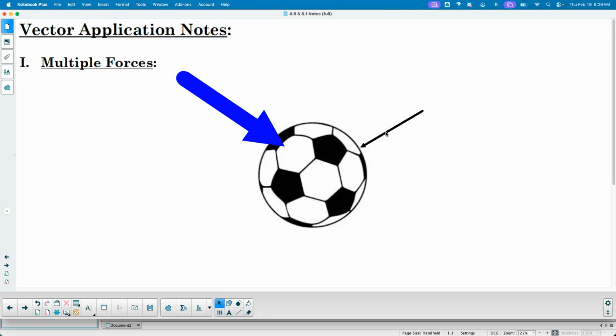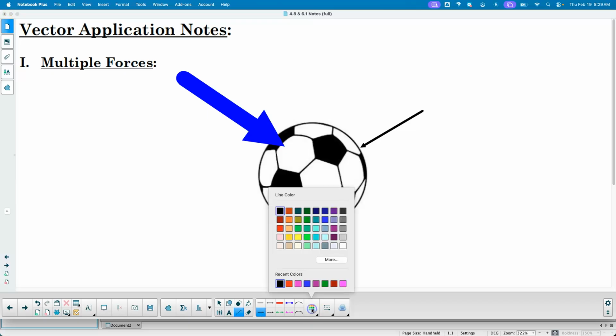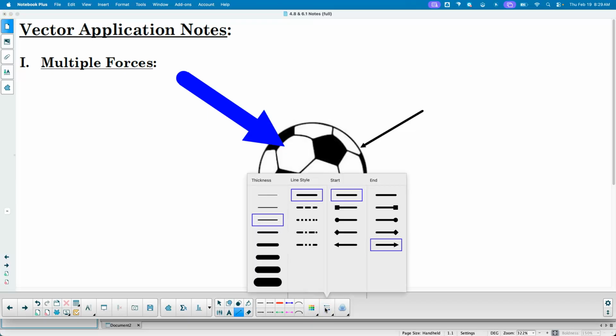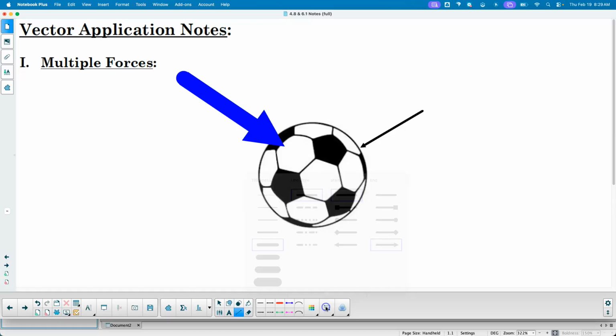Probably down this way, right? Because the blue force is bigger than the other one, right? And then if I had another force acting on it, it would probably level out a little bit more. It would probably come out in this direction a little bit more, right?